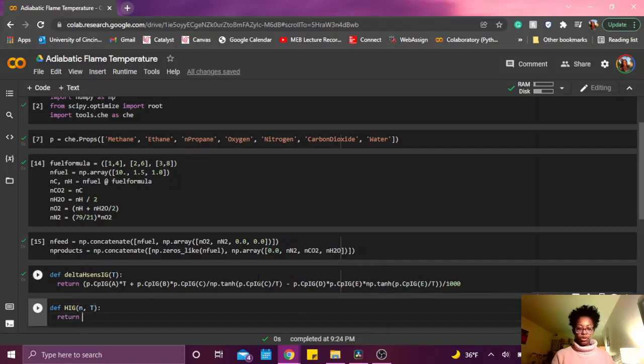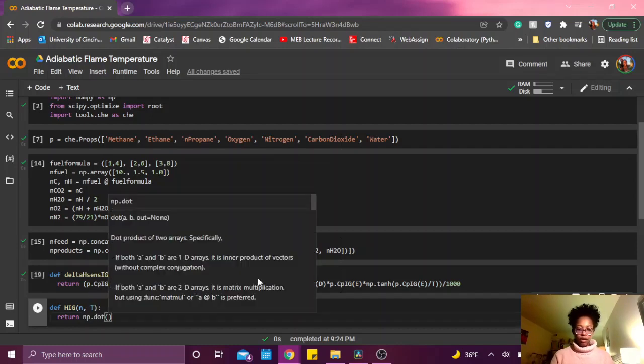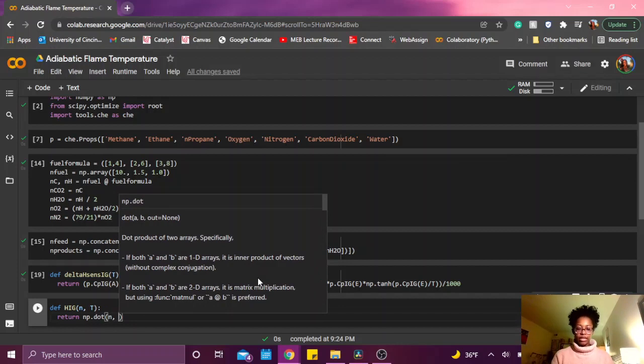And so we have to do the dot product, np dot, of the number of moles and our heat of formation at the normal initial temperature, 298 kelvins.